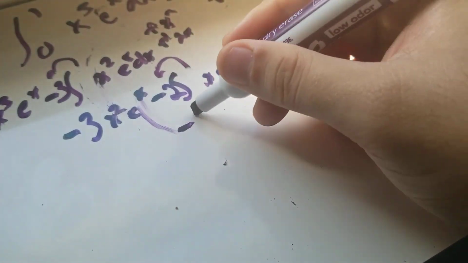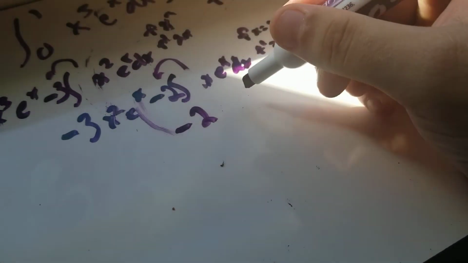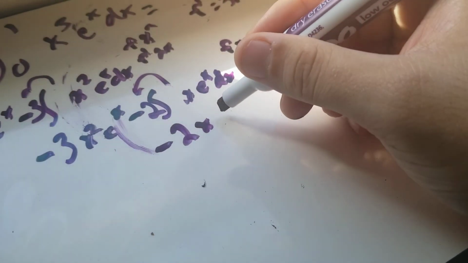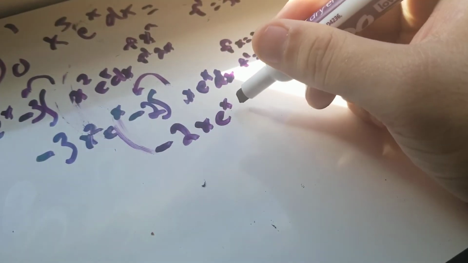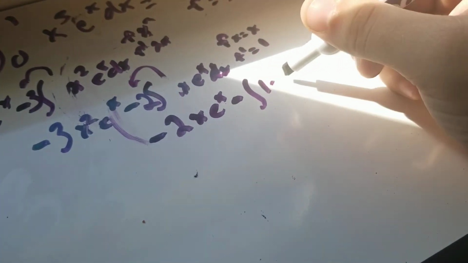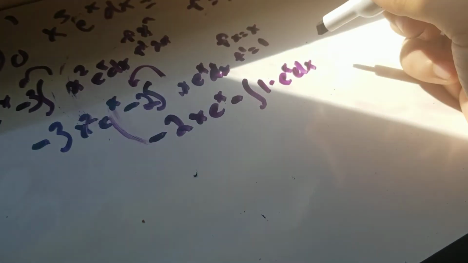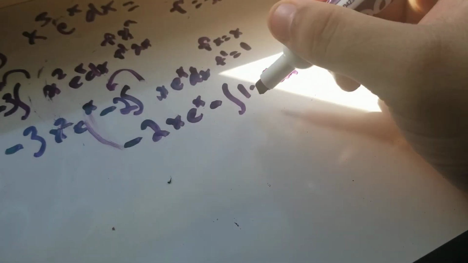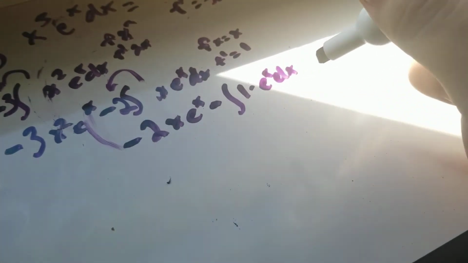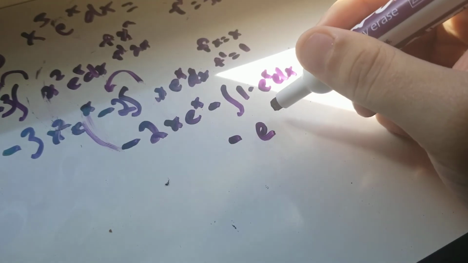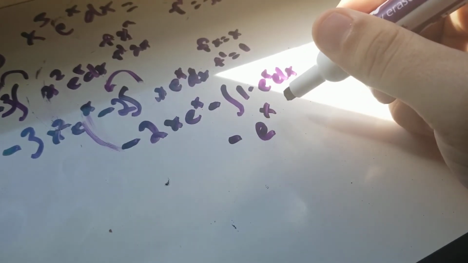So minus 2 times f of x, which is x, times g of x, which is e to the x, minus the integral of 1 times e to the x dx. Okay. Last one, e to the x. The integral of e to the x is thankfully e to the x. So minus e to the x. Okay.